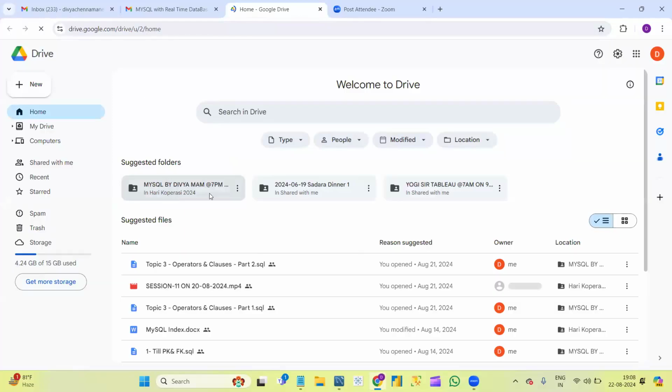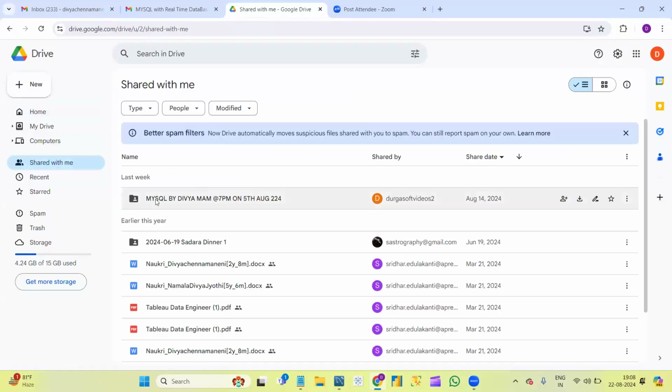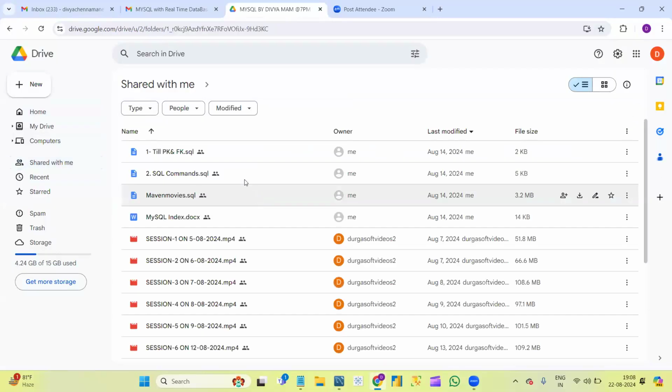Whenever you open your drive, I can see the folder directly here. But if you cannot see it here, towards the left you can see a Shared with me folder, right? Just click that. Then you can see MySQL by Divya ma'am at 7 p.m. Just double click on this. Then you can see all the videos.